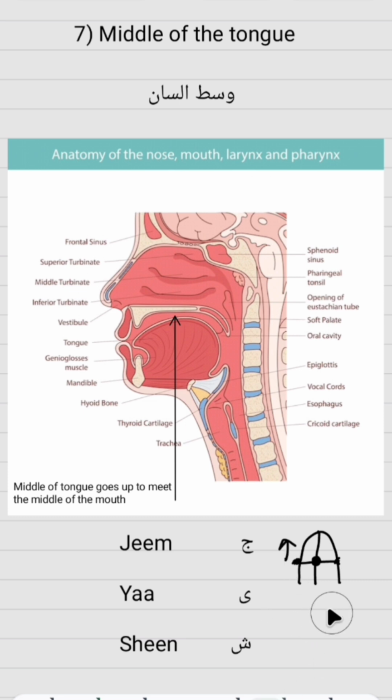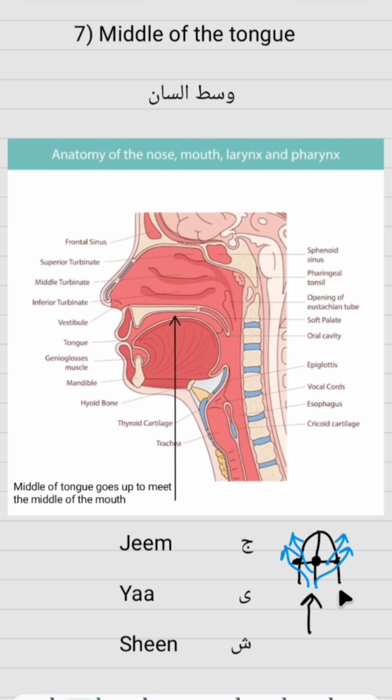So the air that comes forward, because there's portions of the tongue in the center that are upwards, preventing the sound from going through the middle and out of the mouth. So what happens is there's a diversion of sound towards the sides of the mouth. So that's what happens to the sound in the air when you're pronouncing sheen.